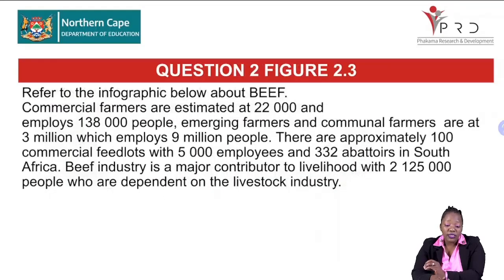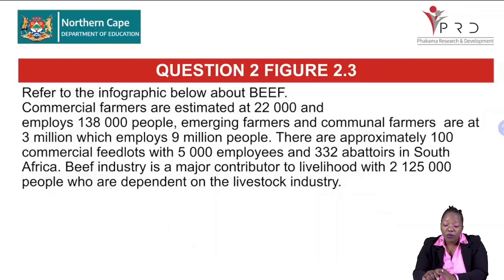infographic. So this is an extract again. Commercial farmers are estimated at 22,000 and employ 138,000 people. Emerging farmers and communal farmers are at 3 million, which employs 9 million people.